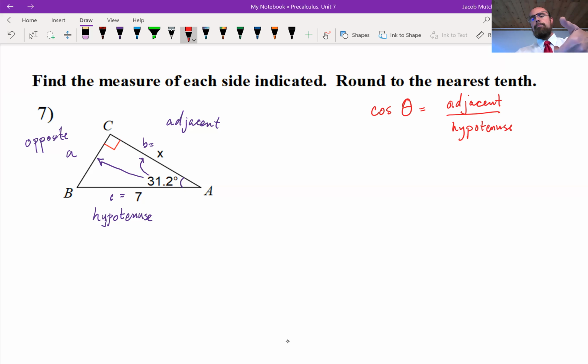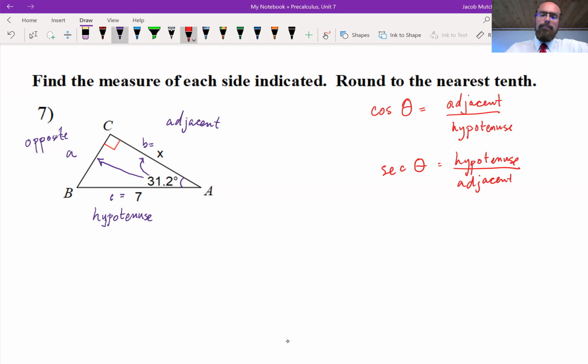Really the reciprocal of cosine, hypotenuse over adjacent, is secant. So I could use either of those two functions, cosine or secant, because they involve the adjacent and the hypotenuse sides. Since I've got cosine listed first, that's the one that I'll use.